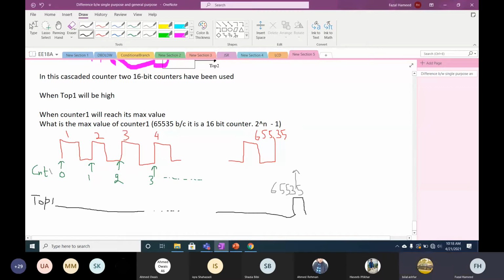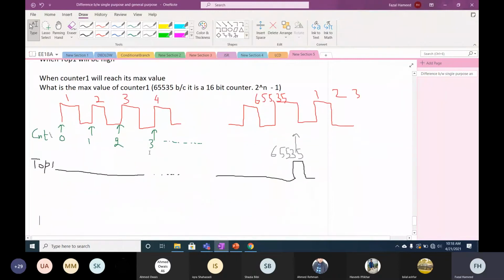Top one will be 1. And in the next cycle, top one will become 0 again, and the counter will start again from 1, 2 and so on.